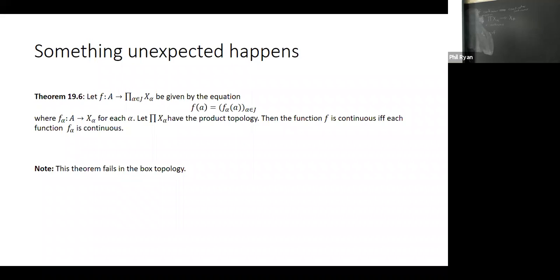So if f is continuous, f alpha is continuous, being a composition of continuous functions. Okay, so that one's easy, and it works for everything.